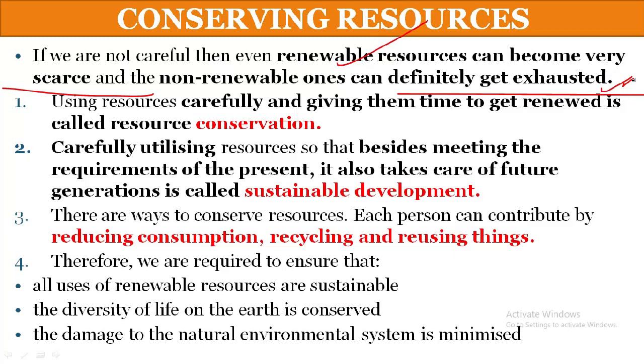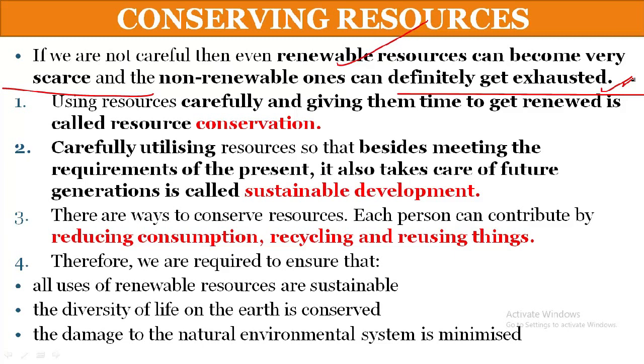For example, while we were having a discussion on lesson plan 1, the material 1 of this chapter, a few of you commented that wildlife, trees and soil are also renewable resources.